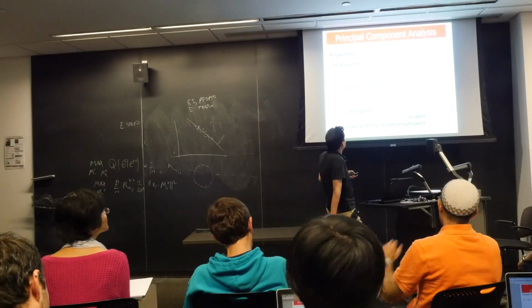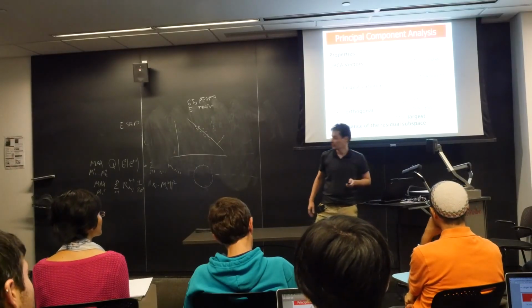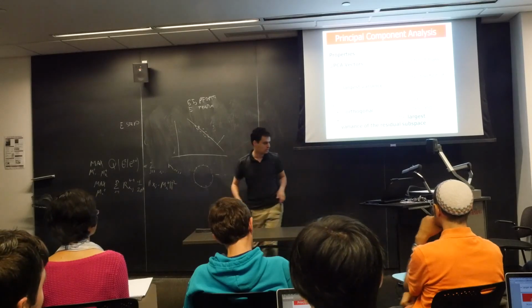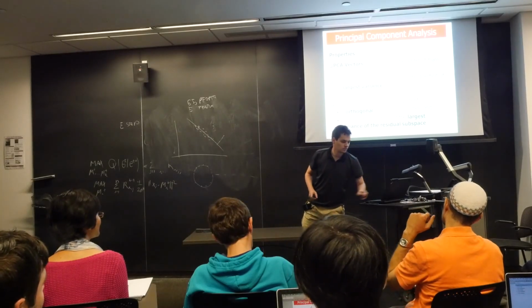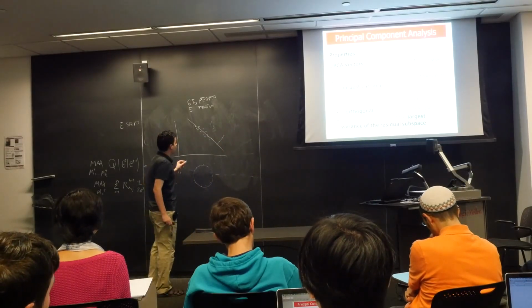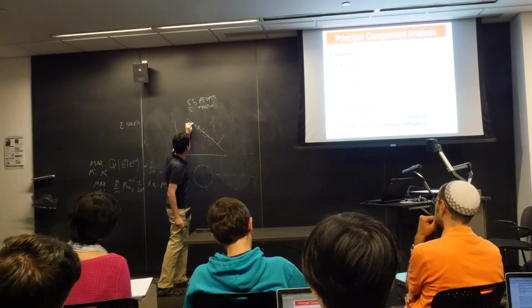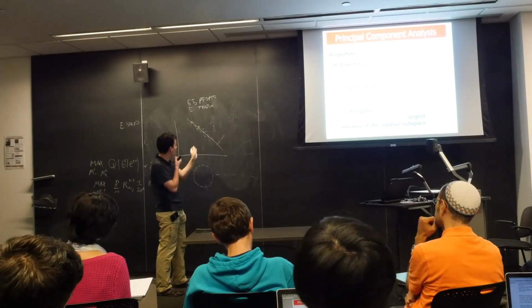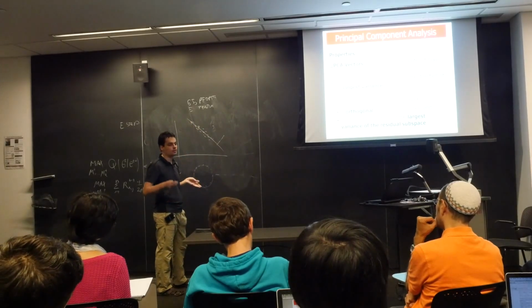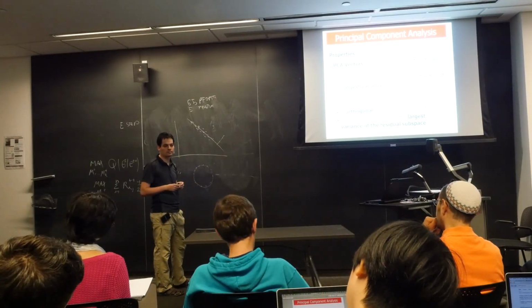All right, and if we do this, then this vector that points in this direction and has unit length is called the first principal component.